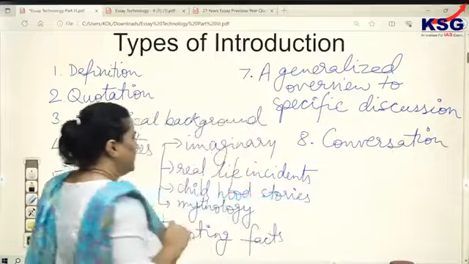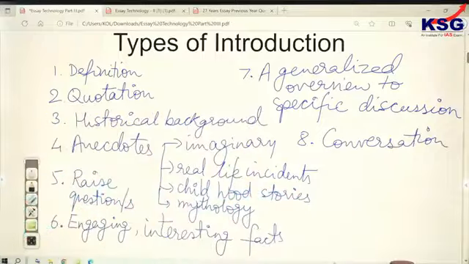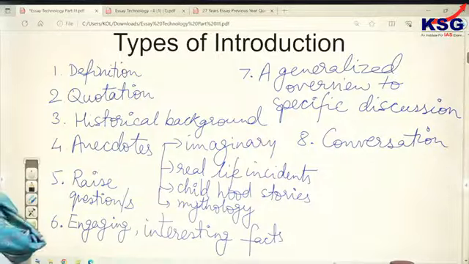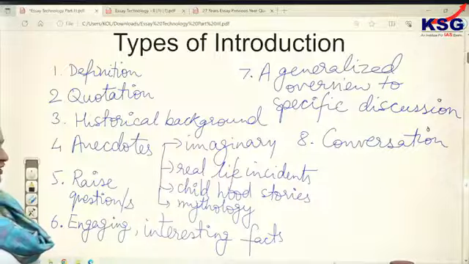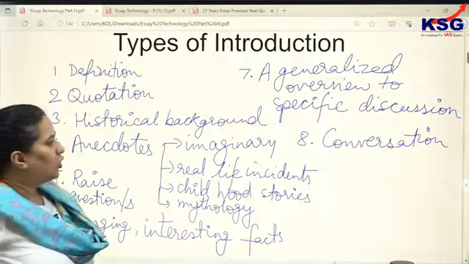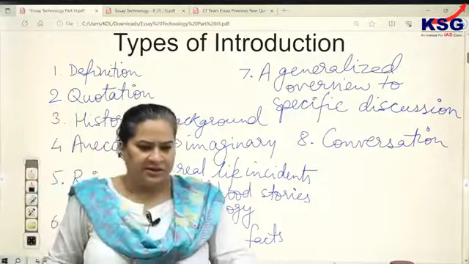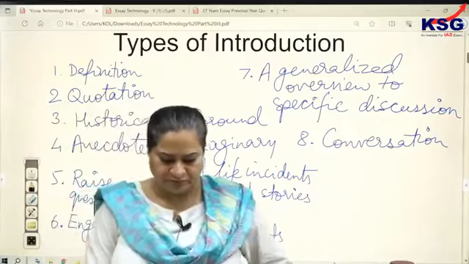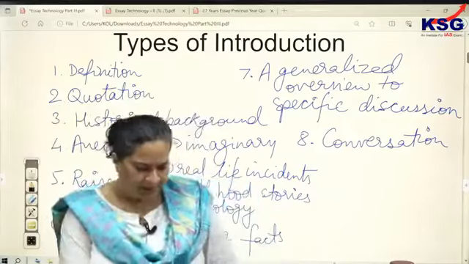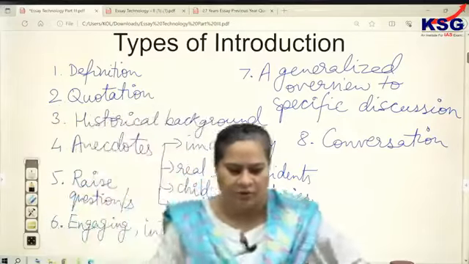Right? This is what is necessary, as all of us can see. So definition, quotation, historical background, anecdote, raising a question or questions, engaging or interesting facts, generalized overview to specific discussion, and then finally conversation, right? So this is what we need to reflect upon.